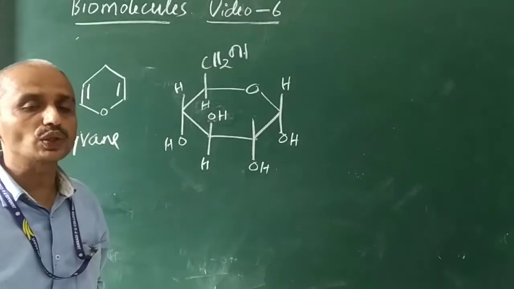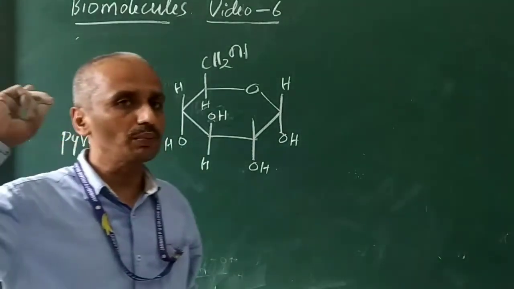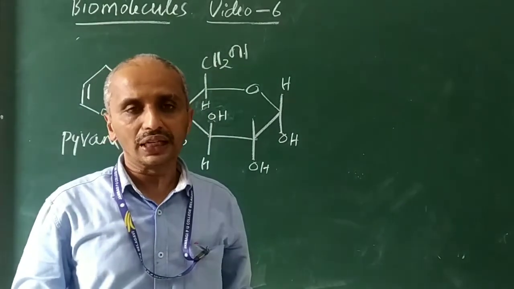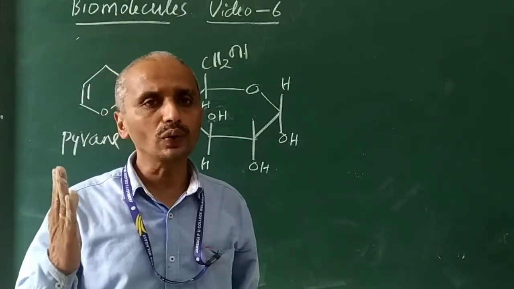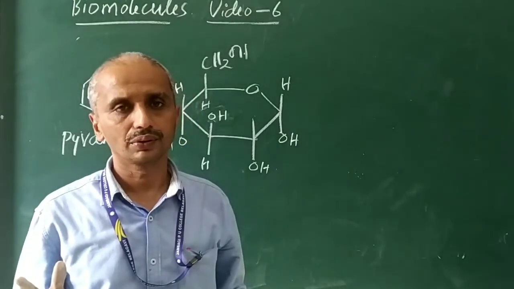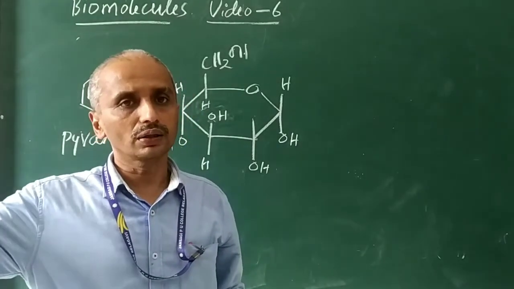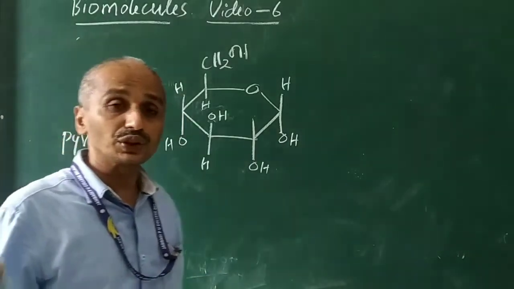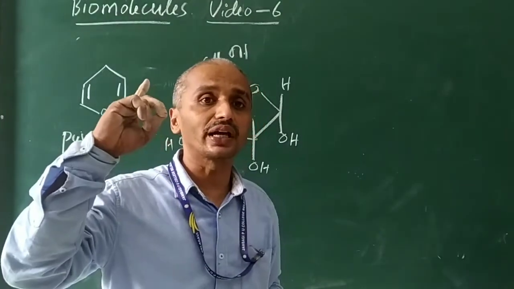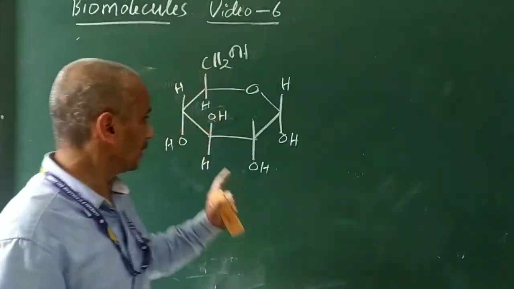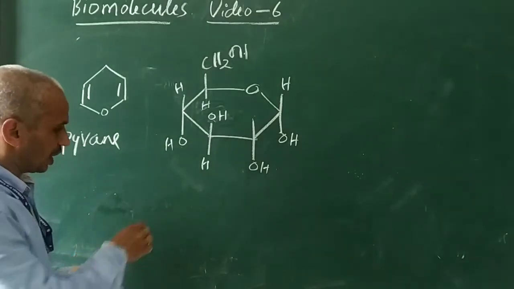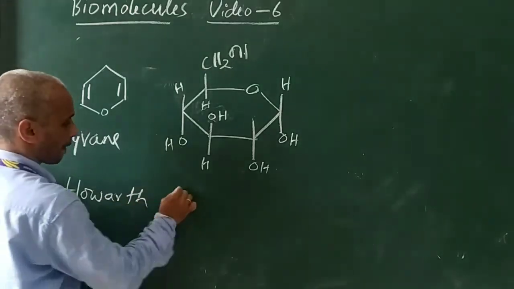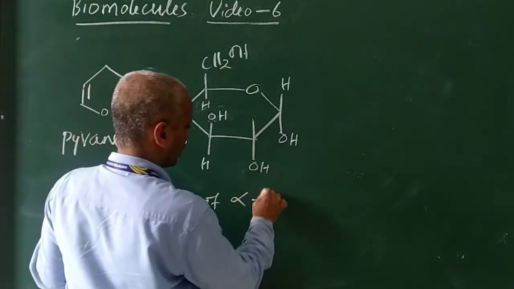To write the Haworth structure of glucose, just remember the cyclic structure of glucose. In the cyclic structure, whichever OH groups are on the right side are written down, whereas those on the left side are written up in the Haworth structure. This is the Haworth structure of alpha D glucose.